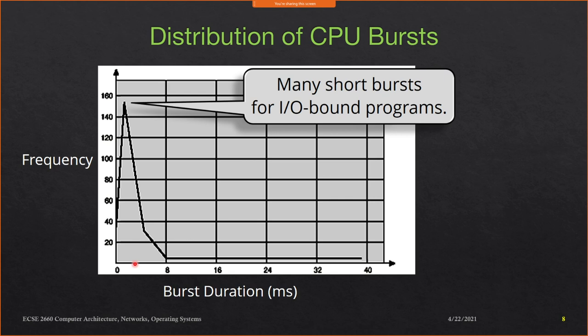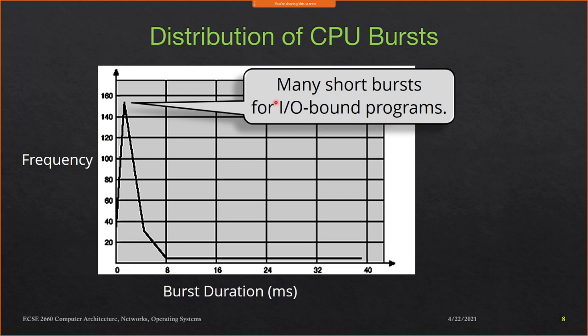Those are processes that are getting the CPU's attention, and they may need to do some IO activity. So they are bound to do that IO operation. So many short bursts, a big frequency number, burst duration of about 3 milliseconds, processes that are getting the CPU's attention, but then do IO, so they're also called IO bound programs.